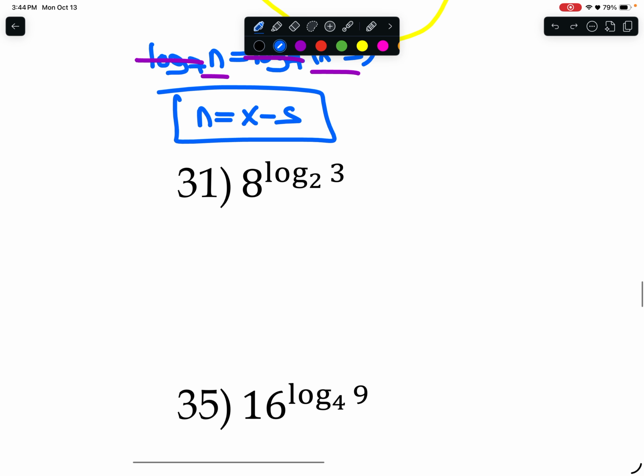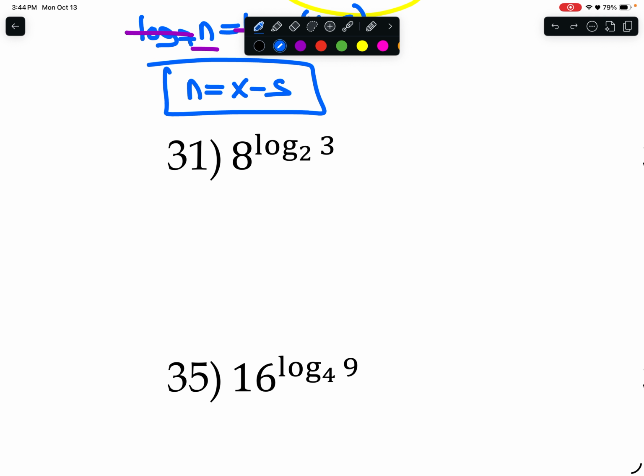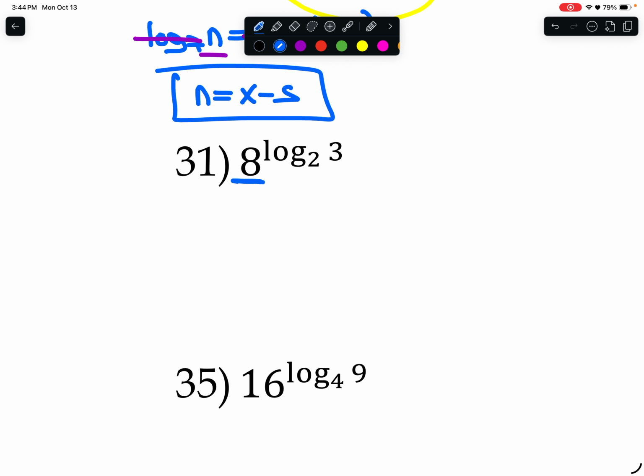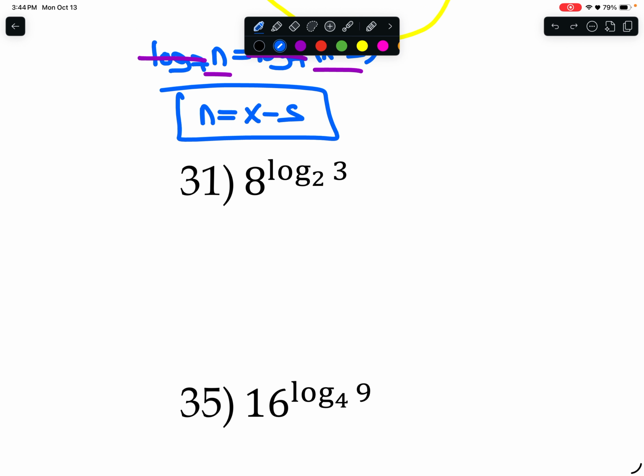Okay, now with 31, these are the problems that I really wanted to get to. So with these types of problems, remember the actual exponential base and the log base have to be the same in order for those to actually simplify and eliminate. But this 8 can be rewritten with the base of 2. So I'm going to rewrite this as 2 raised to the 3rd power times log base 2 of 3.